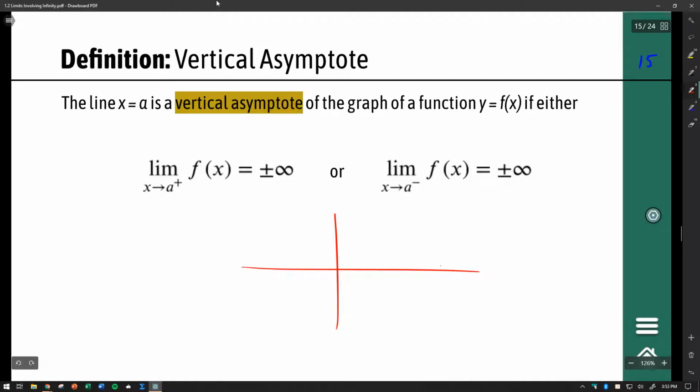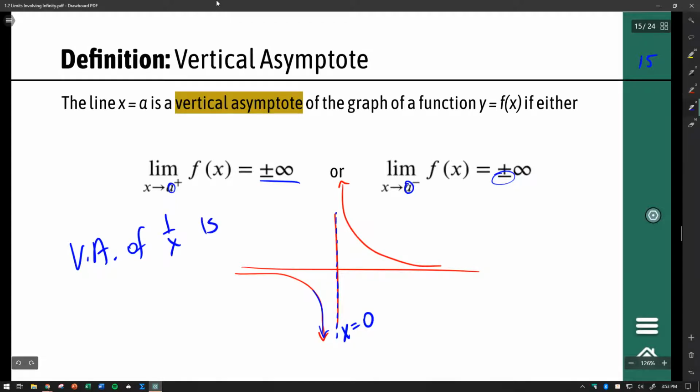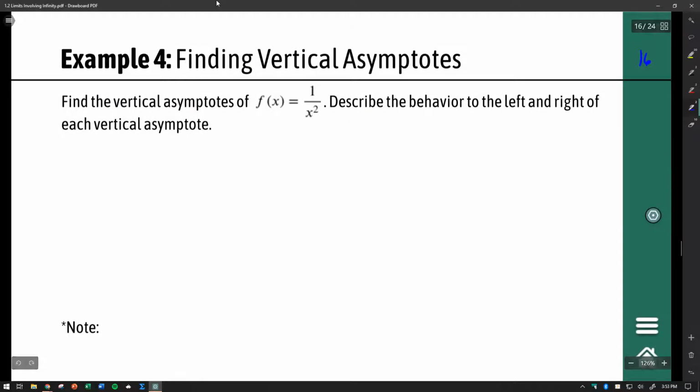So in that graph of 1 over x, we would look at the line x equals 0 as a vertical asymptote, because as we approach 0 from the right, we have infinity, and as we approach 0 from the left, we have negative infinity. So a vertical asymptote of 1 over x is x equals 0.